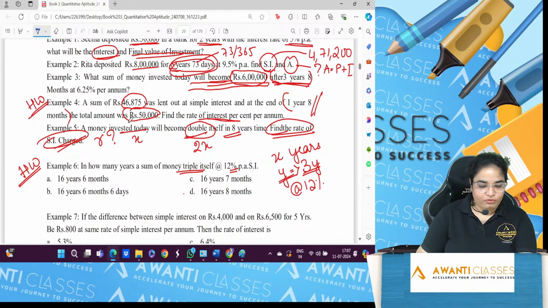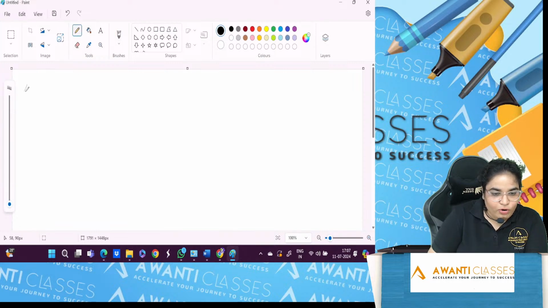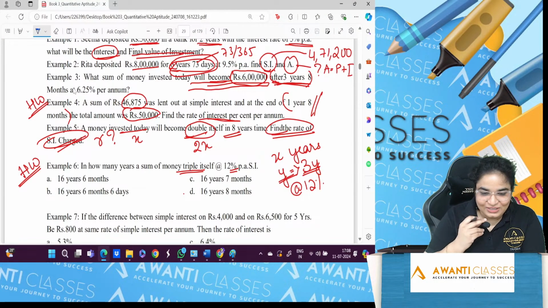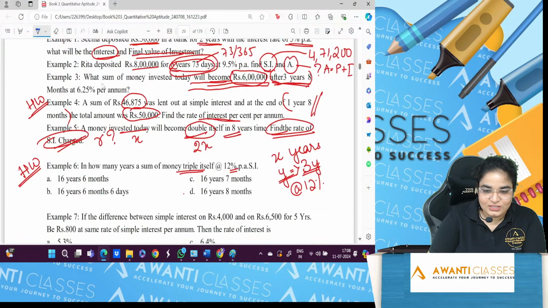It said a sum of 46,875 rupees was lent out with simple interest.